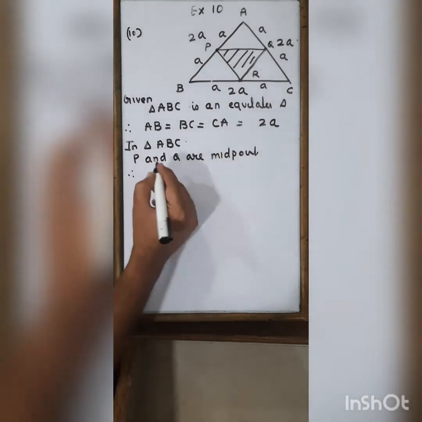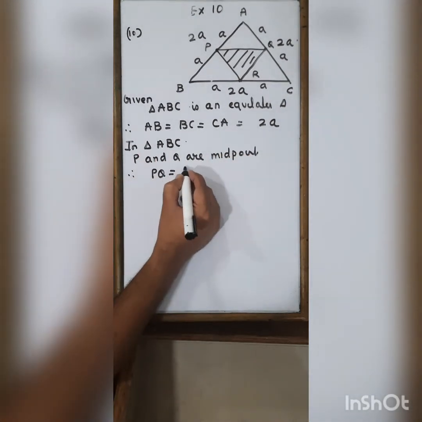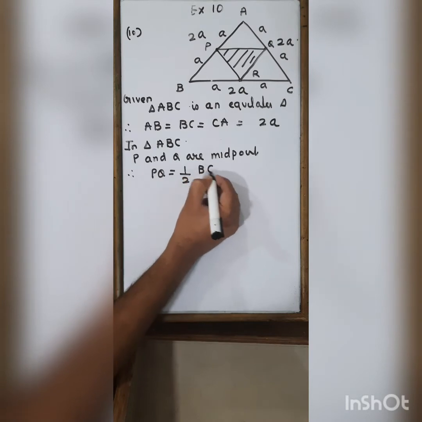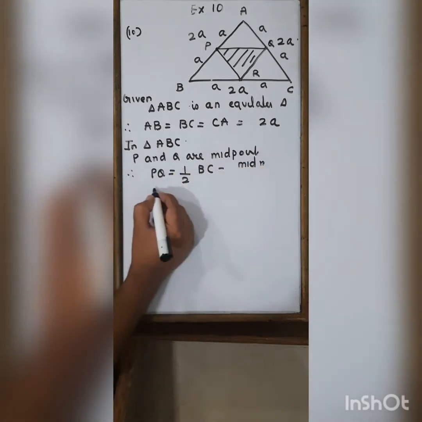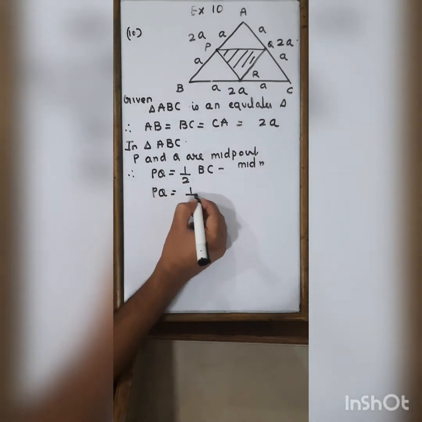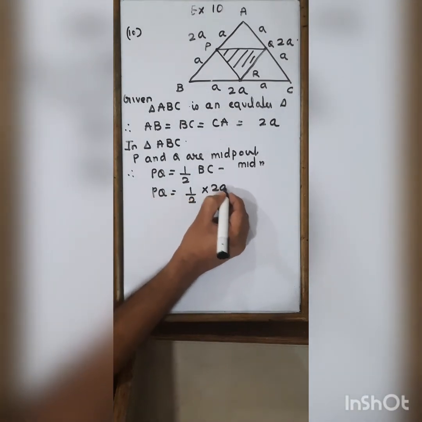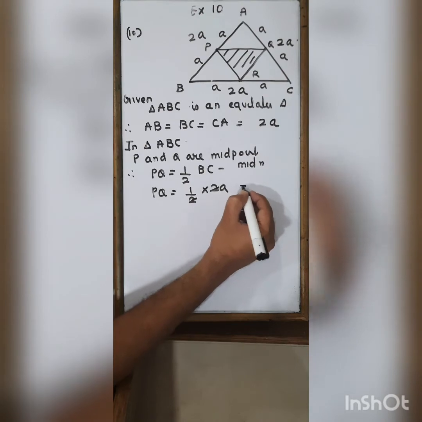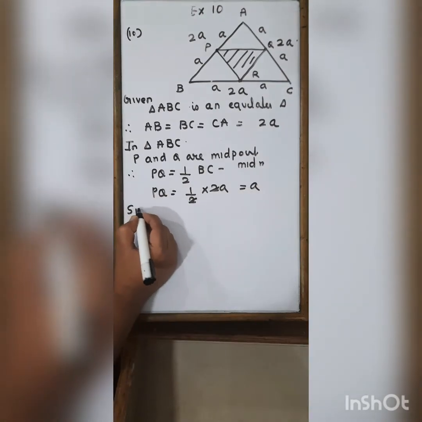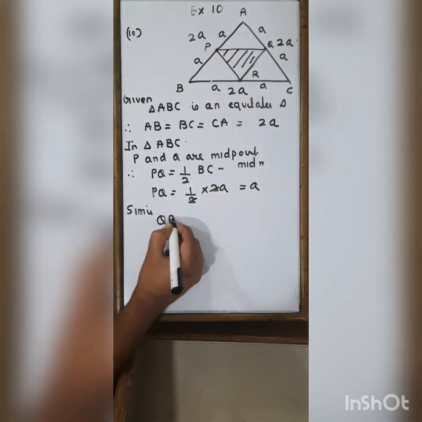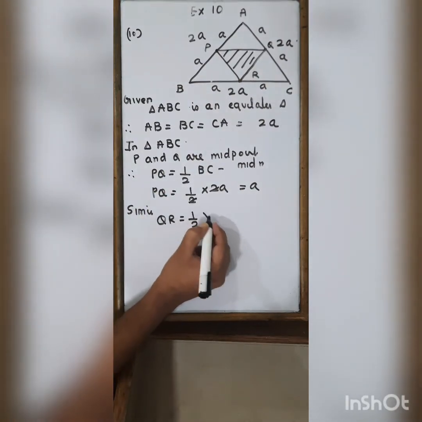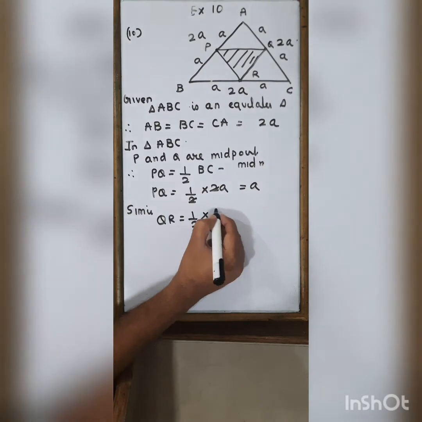Therefore, I can say PQ is equal to half of BC, midpoint theorem. So therefore, PQ is equal to half into 2A. So 2 cut, PQ is equal to A. Similarly, I can say QR is equal to half of AB.